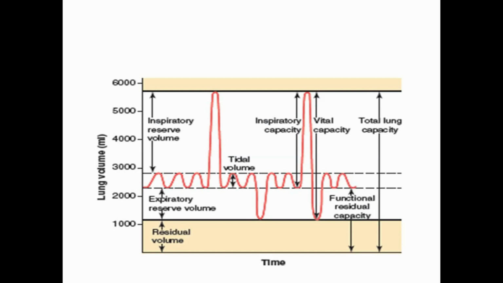The volumes are tidal volume, inspiratory reserve volume, expiratory reserve volume, and residual volume. The capacities are inspiratory capacity, functional residual capacity, vital capacity, and total lung capacity. Now let's see what these mean. First of all, we'll go into tidal volume.